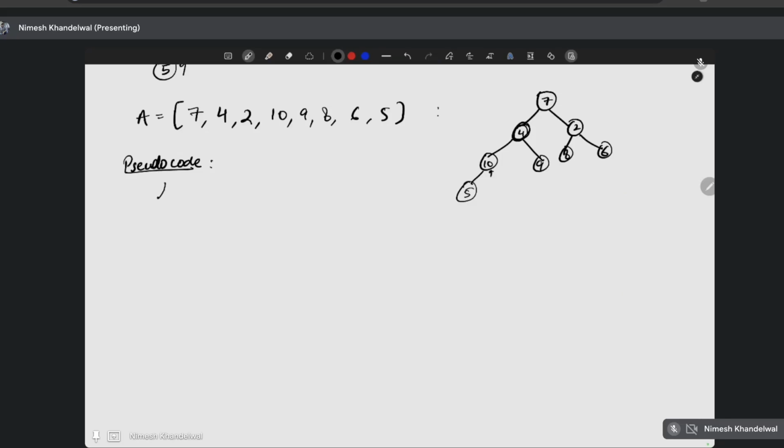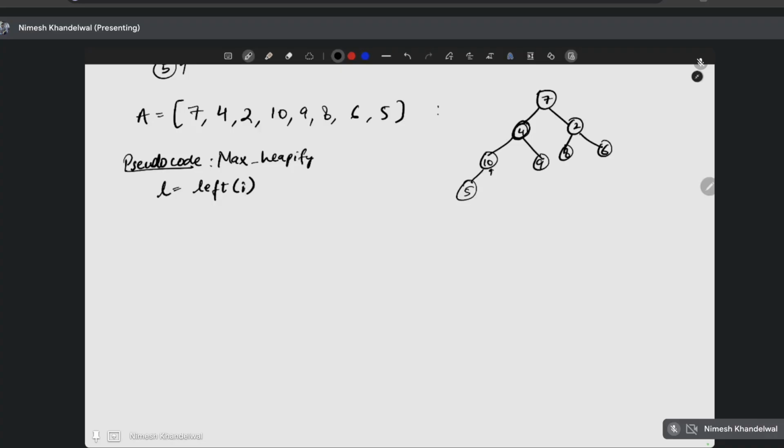So first we take the left child of index I, R is the index of the right child of I, and then if L is less than or equal to heap size of A and the value at A of L is greater than the value at I, right?